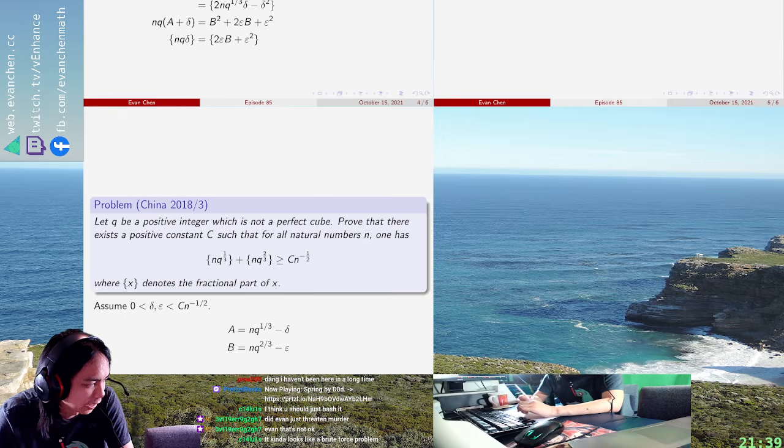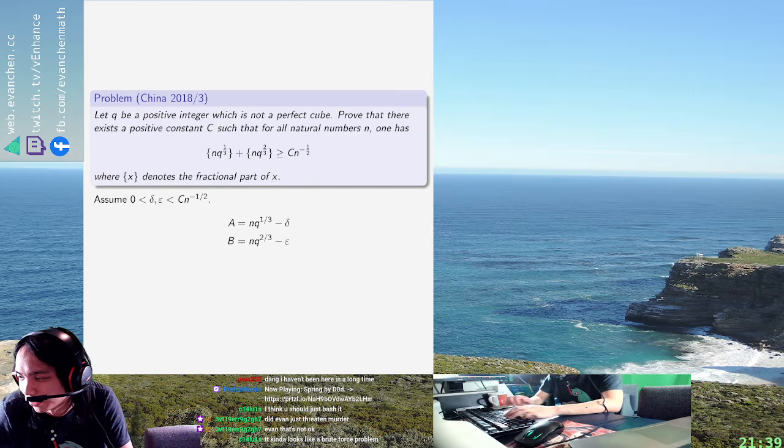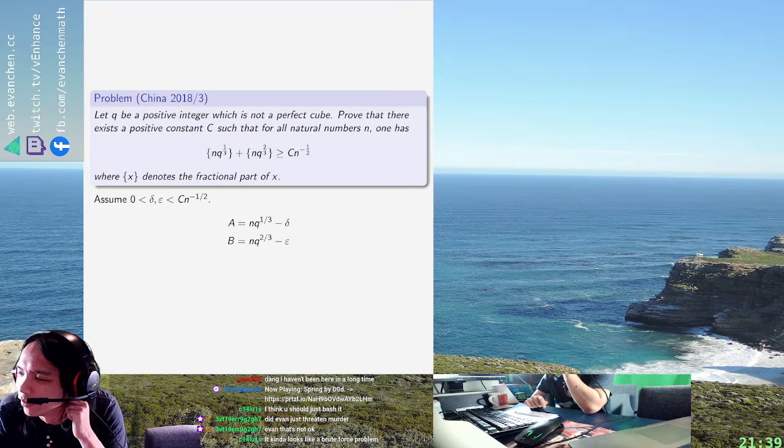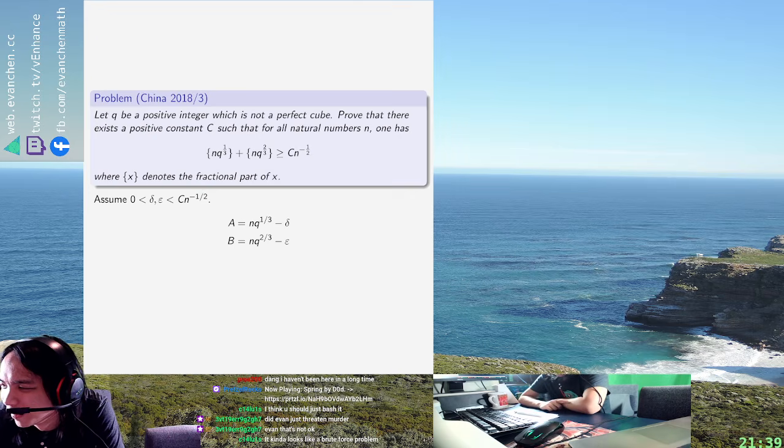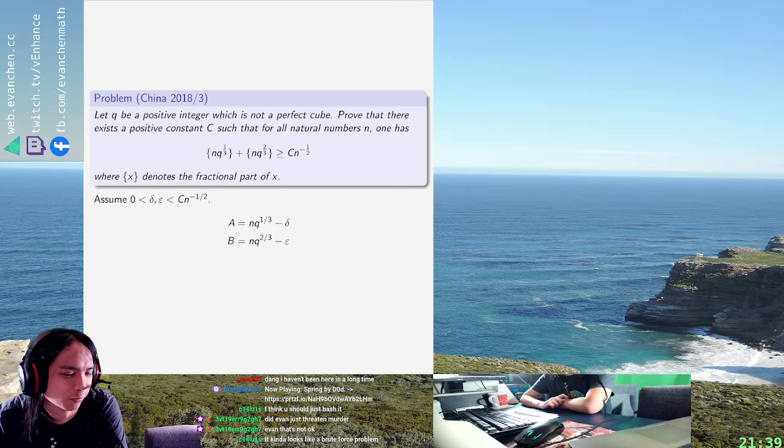I think just bash it. I mean, if you have a suggestion for how to bash, that would be good, because I have no idea what's going on right now. Like, I can write down equations, but the equations need to go somewhere.